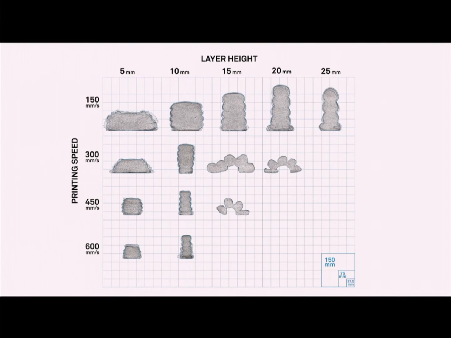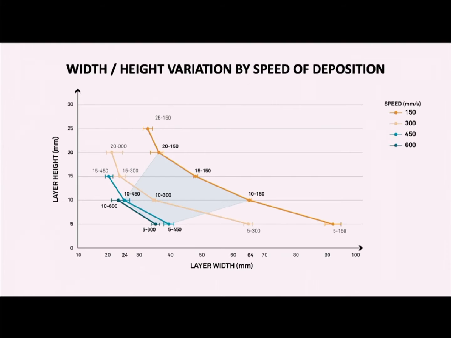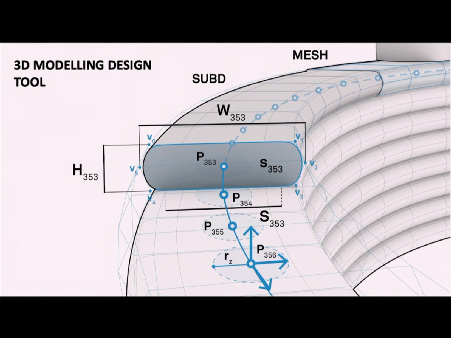So we saw that we had a range in which we could print, a printing window, and we had different parameters and widths we could achieve by accurately controlling the printing speed in relation to the height. So this became a digital tool that we used to control and optimize our prints.